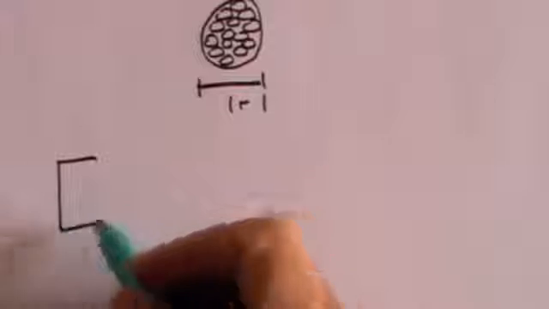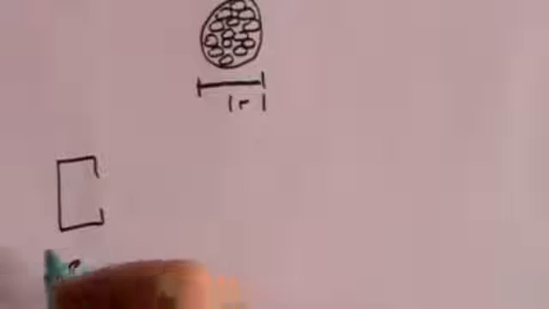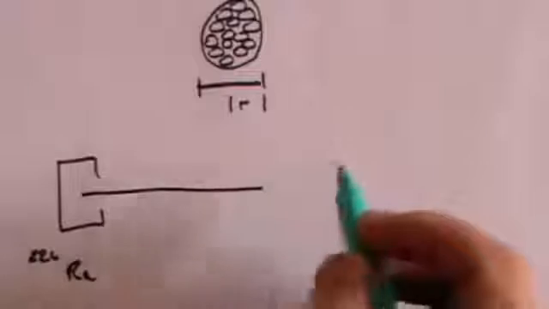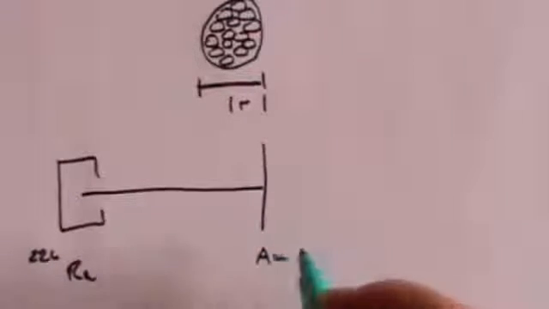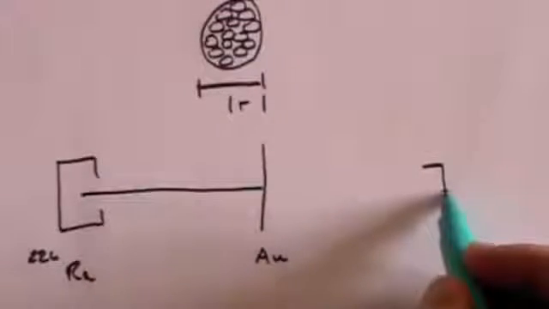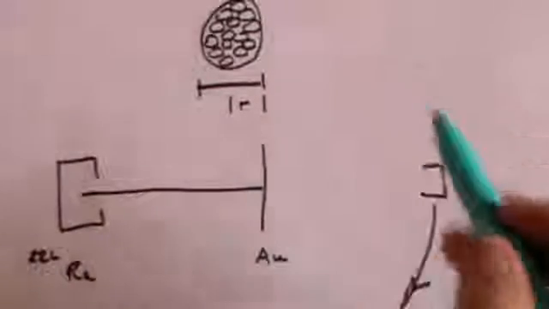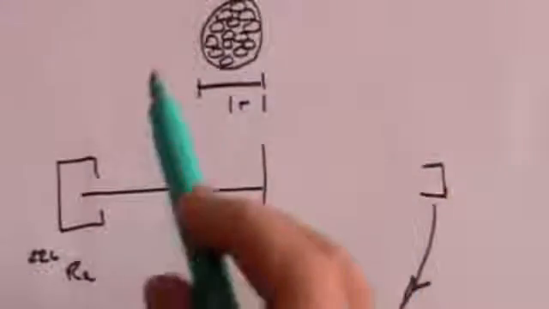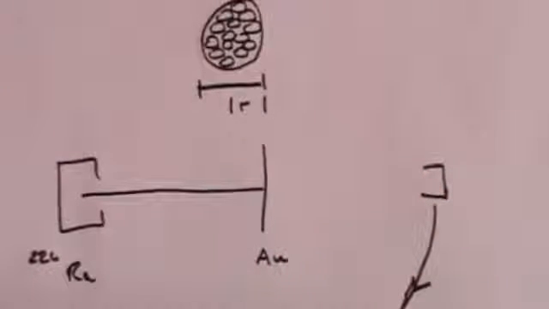Rutherford took an alpha source, radium-226, and the alphas were targeted at a very, very thin piece of gold foil. Then on the other side he had a detector, and that detector was on a swivel, so that he could move the detector right the way round in almost a full circle to detect whether alpha particles came off here, here, here, or wherever.